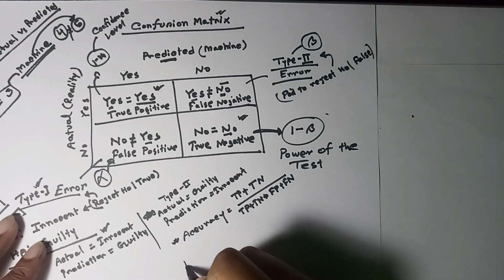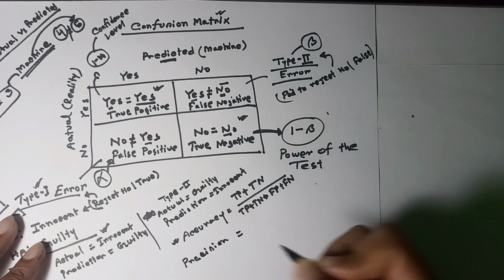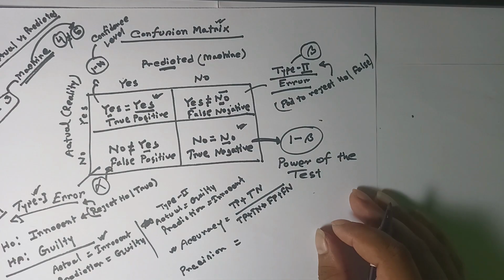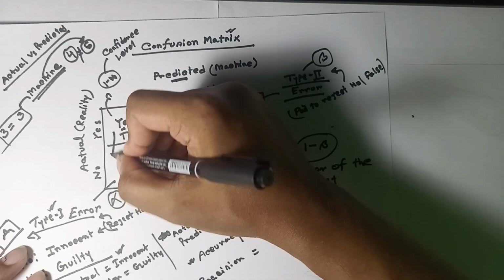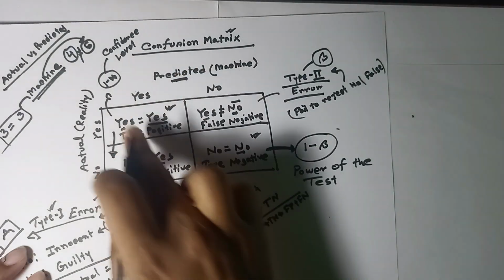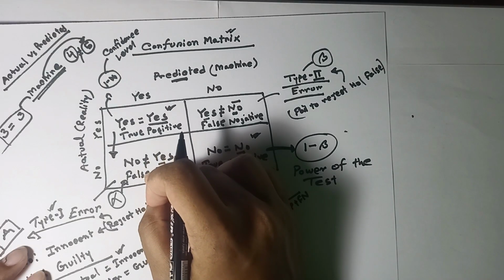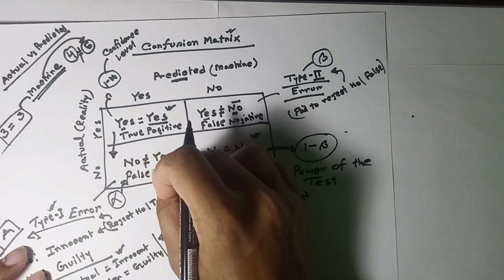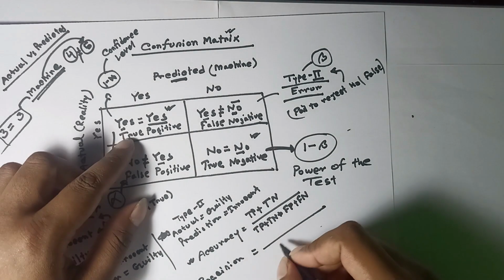Now our precision. What will be our precision? In this chart, basically among all predicted positives, how many were correct? That will be our precision. So how will we define it?